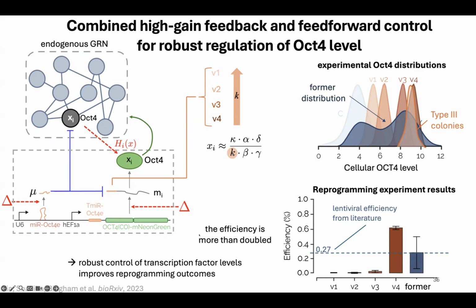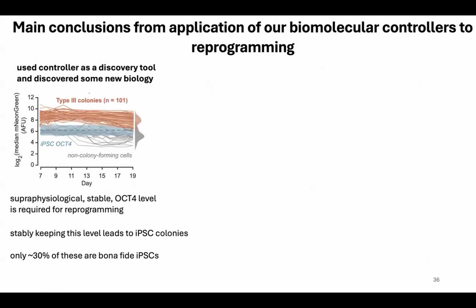So this is essentially a first indication that robust control of transcription factor levels can improve reprogramming outcomes, mostly by getting more of your cells to express at the levels that you want. The summary of this part is that we used the controller as a discovery tool and discovered some new biology.